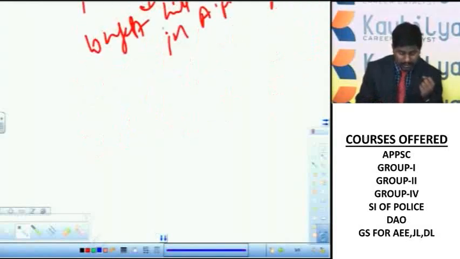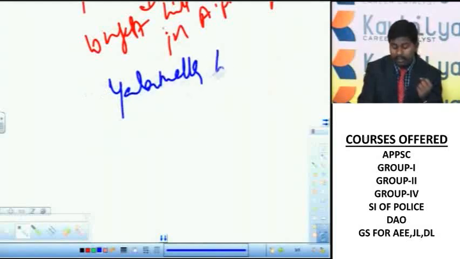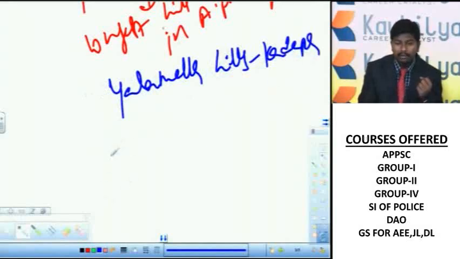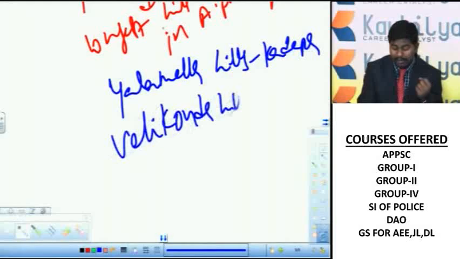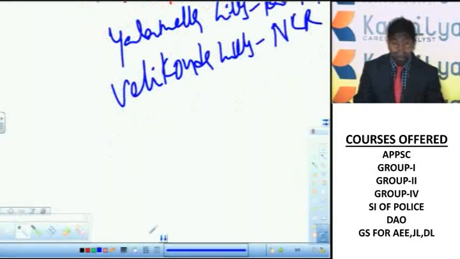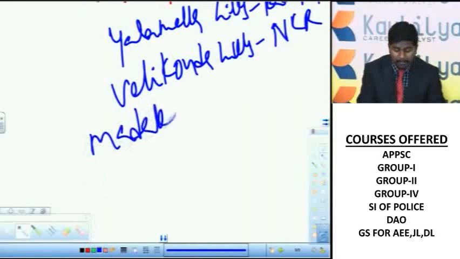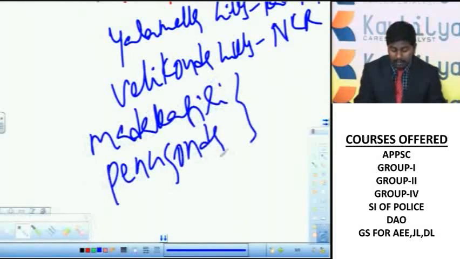Then these are called Erramala Hills in Kadapa district. And these are called Velikonda Hills in Nellore district. And these are called Madakasira Hills and Penugonda Hills in Anantapur district.